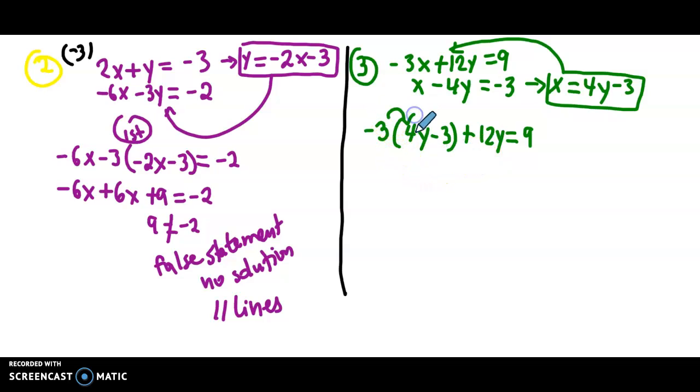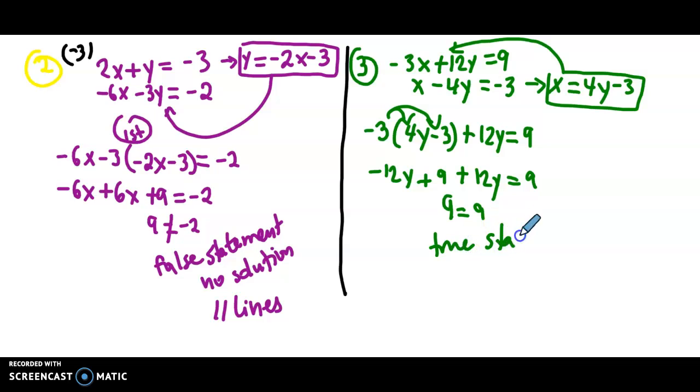So if you start distributing here correctly, you will get something weird again, but it's not as weird as before, because now you can clearly see that the y's are opposite, so you're going to get a true statement now, not a false statement. So this is the opposite from before. This is a true statement, which is telling me that I'm having many solutions.